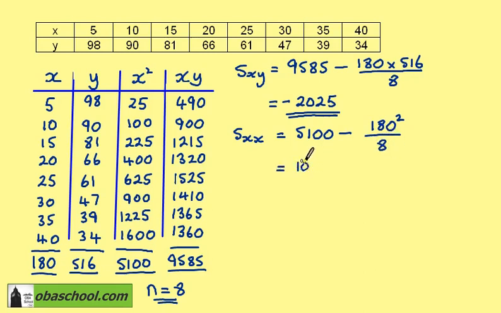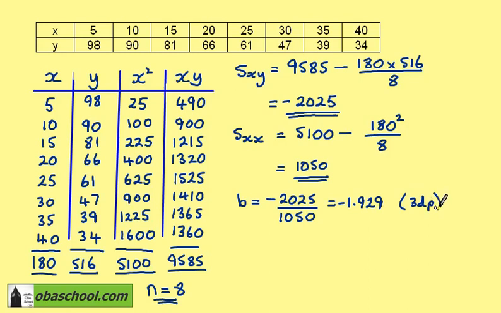And this calculates to 1050. b is then Sxy divided by Sxx, so minus 2025 over 1050. And this calculates to minus 1.929, correct to 3 decimal places.